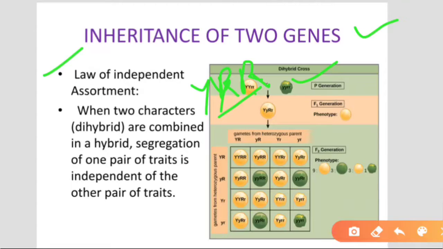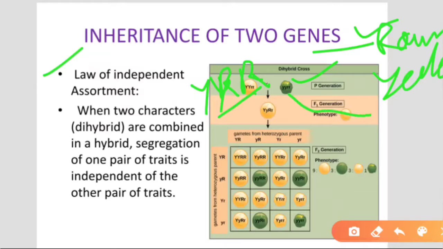If they are crossed, capital R, capital Y denotes round and yellow seed, but small r, small y denotes wrinkled and green seed.